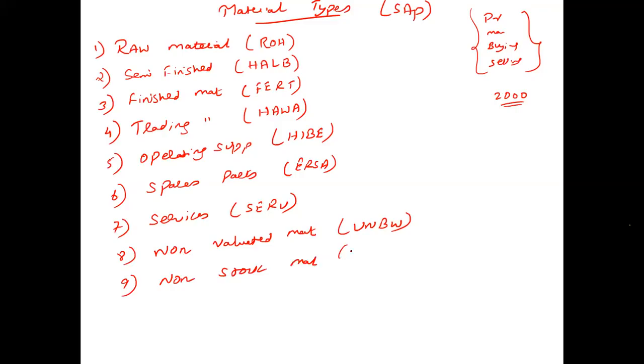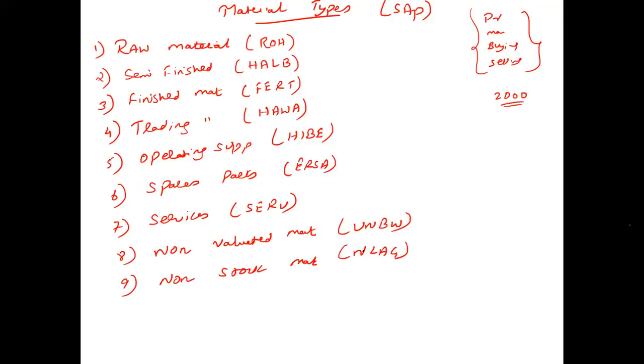That can be defined as NLAG. And there are multiple material types which are defined by the SAP system. You can see several material types which are created in the system or SAP has provided as a standard. But these material types are mainly used in the SAP system.